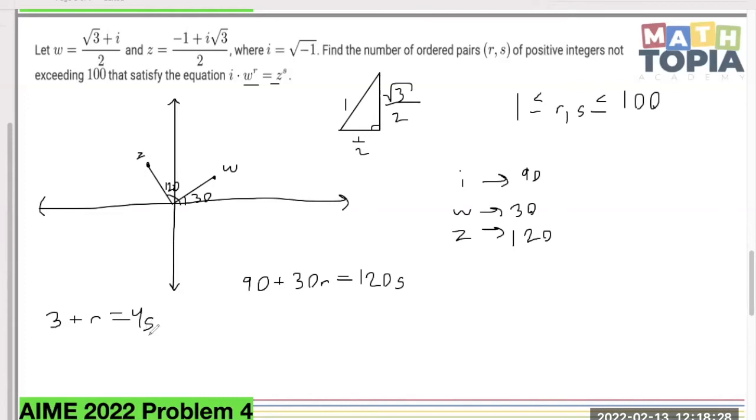If we think about it, for every value of S we pick, R has its own value of 4S minus 3. So S could be a number from 1 all the way up to, oh yes, my bad.